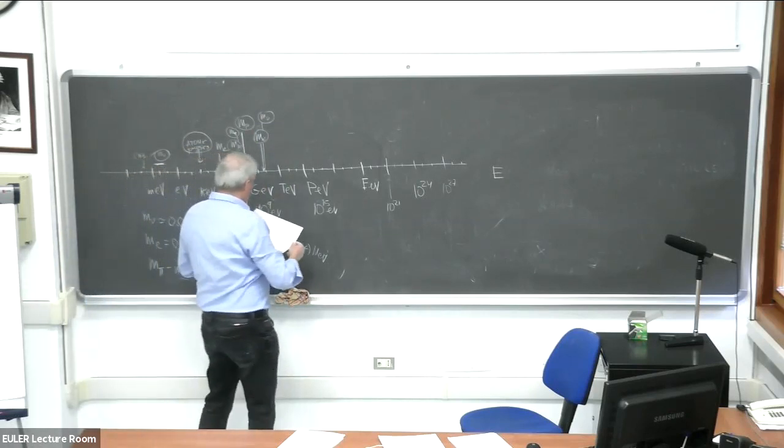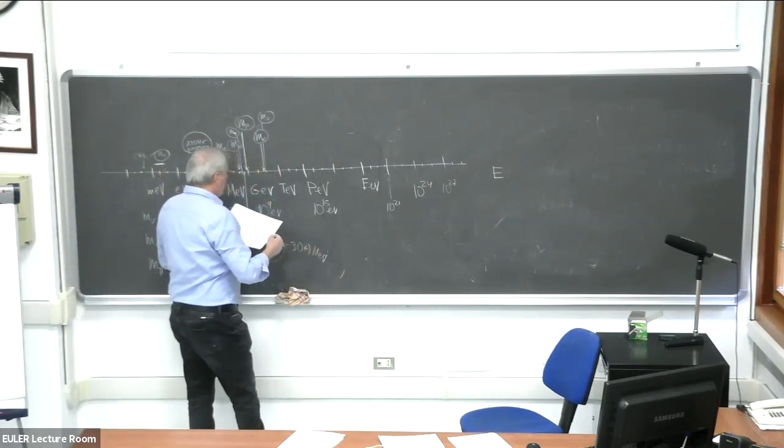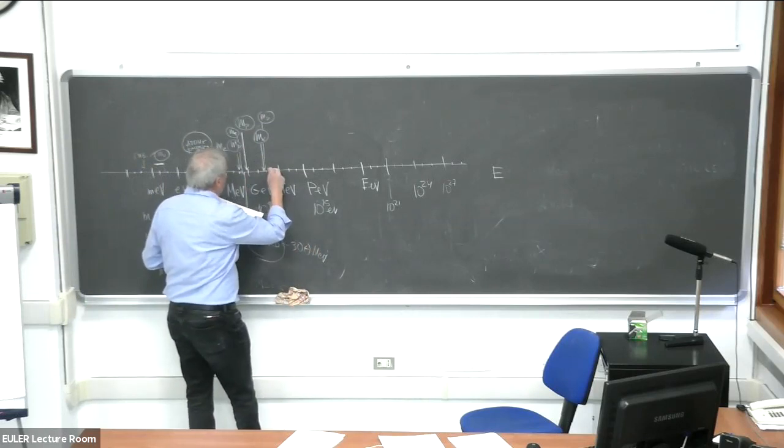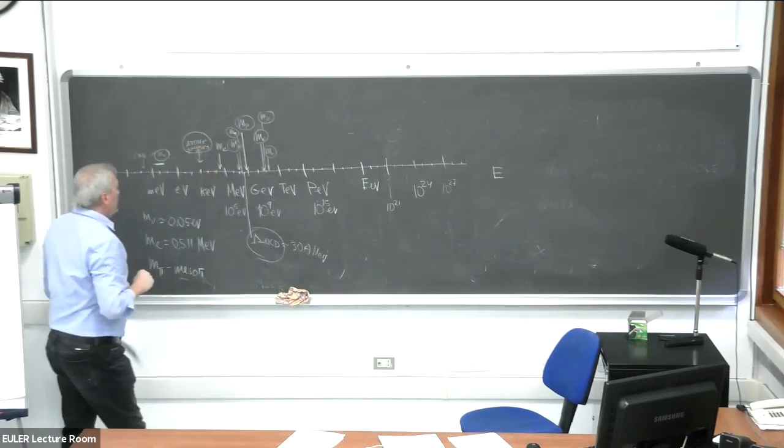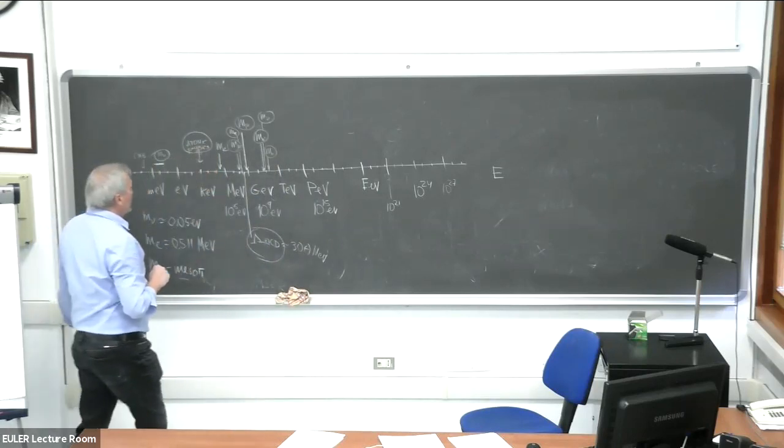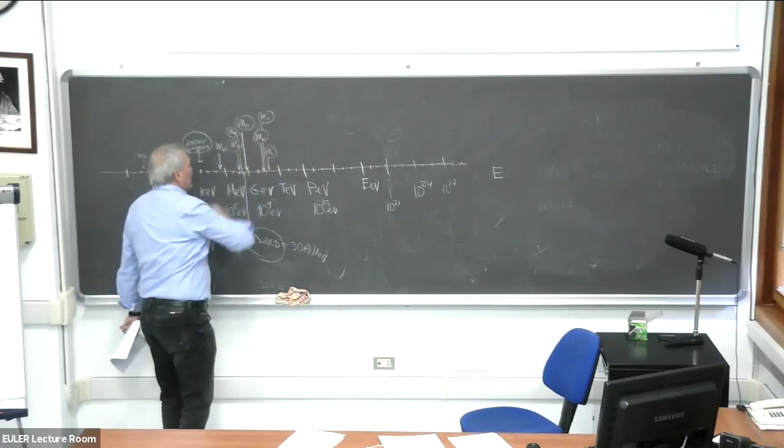Now, what else? The heaviest particle which we know. No, first, let me put here the Higgs boson, an extremely important particle. Mass of the Higgs, 125 GeVs. It's here. So Higgs is heavier than the W and Z bosons.